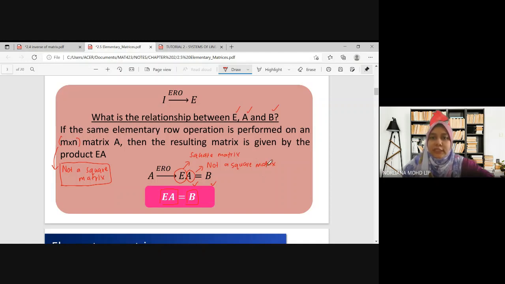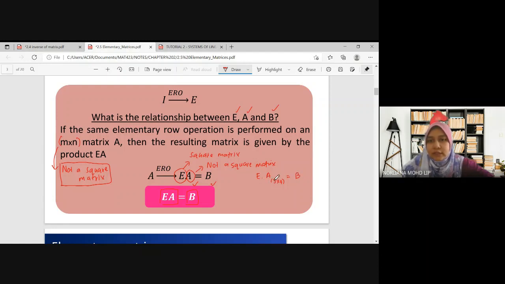Boleh tak? So yang ni kita boleh gunakan multiplication rule yang sebelum ni kan. Contoh multiplication rule, contoh kat sini E times A kan. Contoh matrix A awak dapat matrix A, nak square matrix. Kita dapat matrix size 3 by 4. Okay, matrix B kat sini.